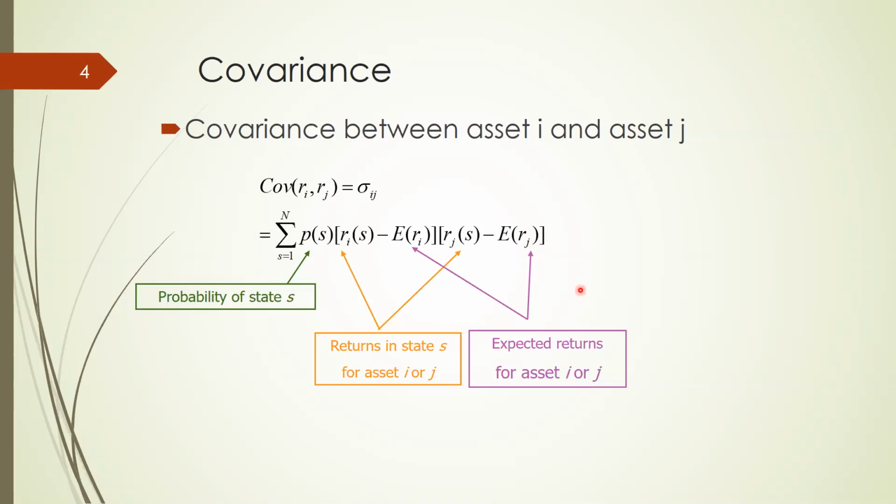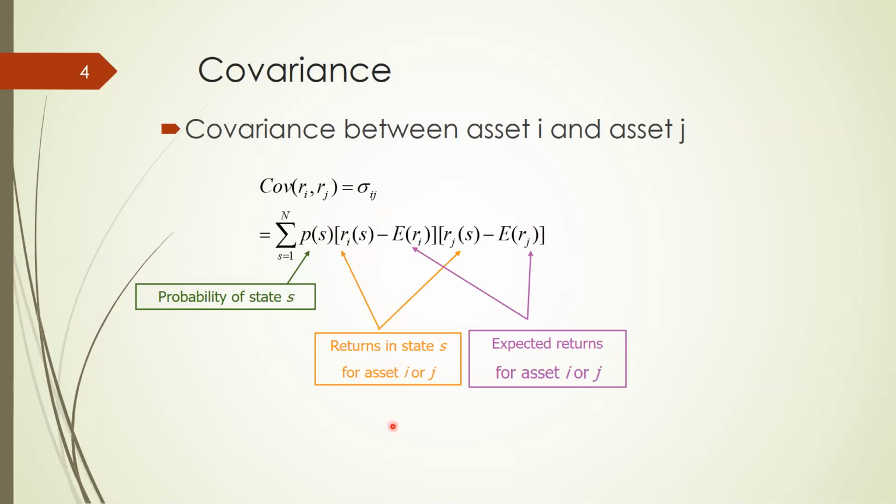So when the two assets tend to move up or down together relative to their respective mean returns, the product will be positive. And so the probability weighted product will be positive, leading to a positive covariance.